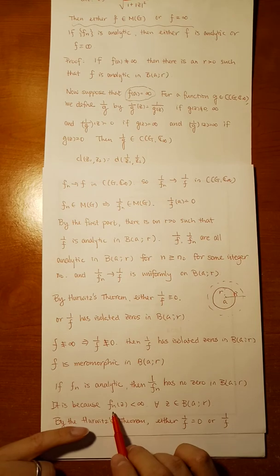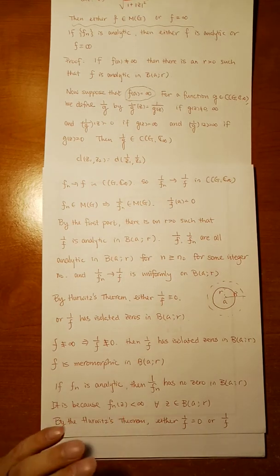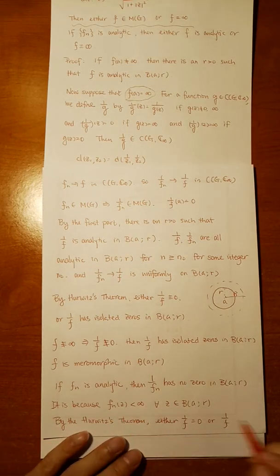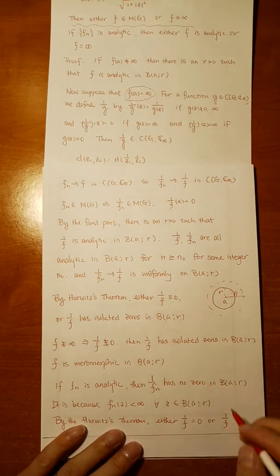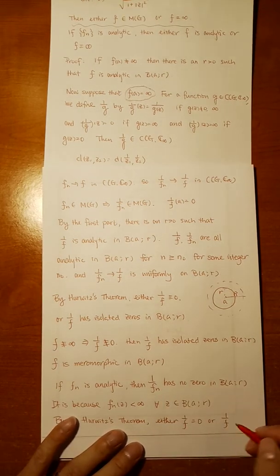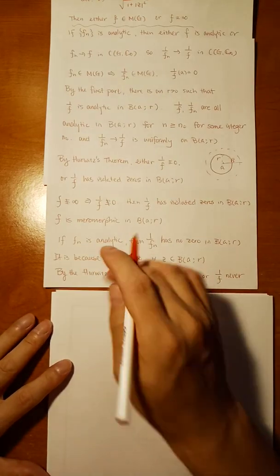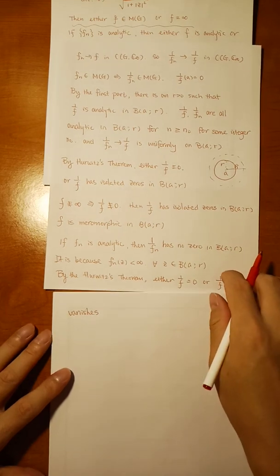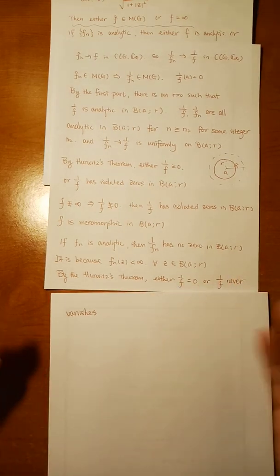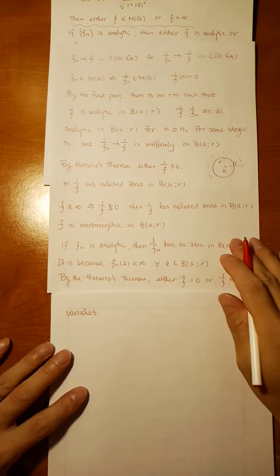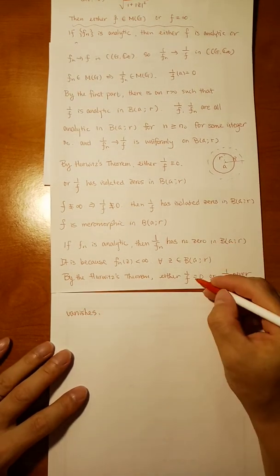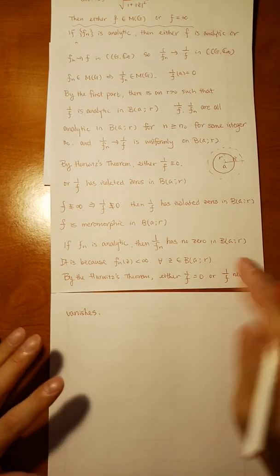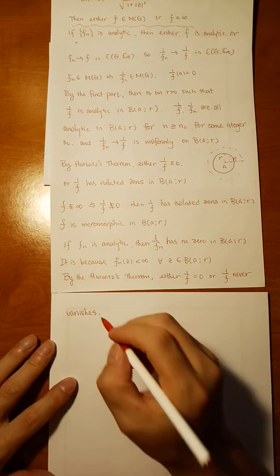Because 1 over Fn has no zeros, then 1 over f also has no zeros. They have the same number of zeros and poles. There's no pole, so they only have zeros. If 1 over f is not constantly 0, then it will never vanish. It has no zero.